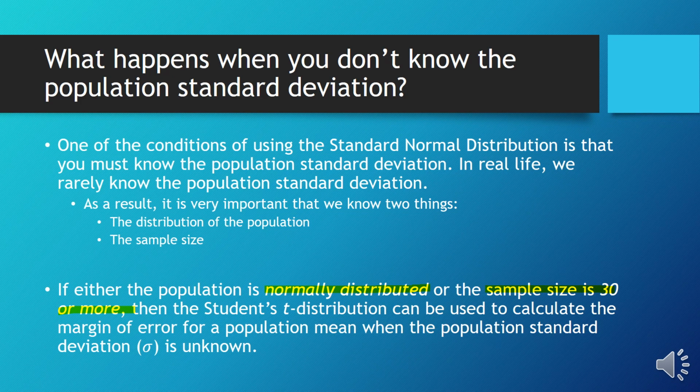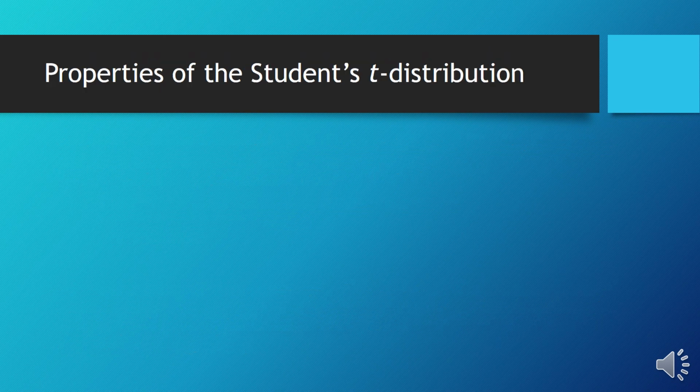So just pay attention to that as you're reading the problems. If you don't have those two things, then you wouldn't be able to use the student's t-distribution, and you would have to explore some more advanced statistical methods for constructing a confidence interval, which we will not get into in this class.